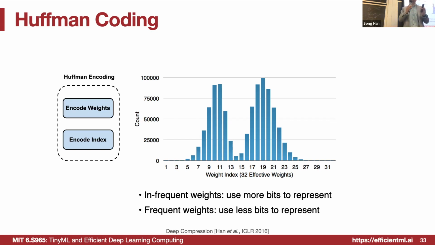So rather than using the same number of bits, 4 bits or 2 bits, for all the numbers, we want to use a different number of bits to represent different numbers. For the very popular ones, we use fewer bits, and for the less frequent ones, we use more bits. Overall, we can use this Huffman coding to further reduce the storage required to store those weights.